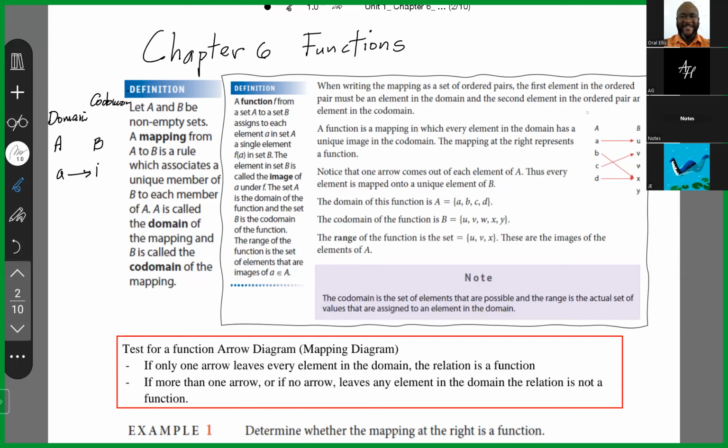The elements in A are called the domain, and the elements in B are called the codomain.